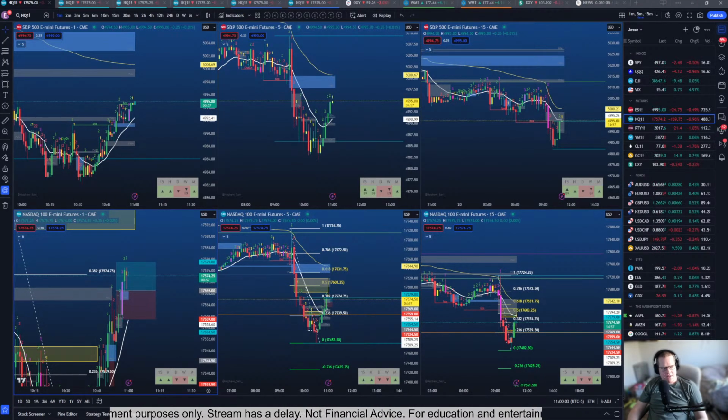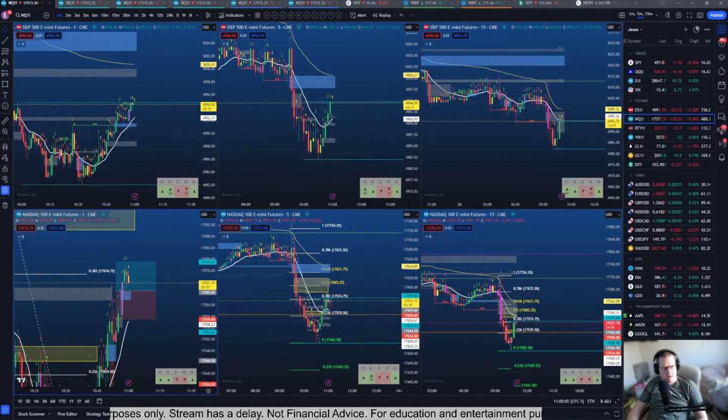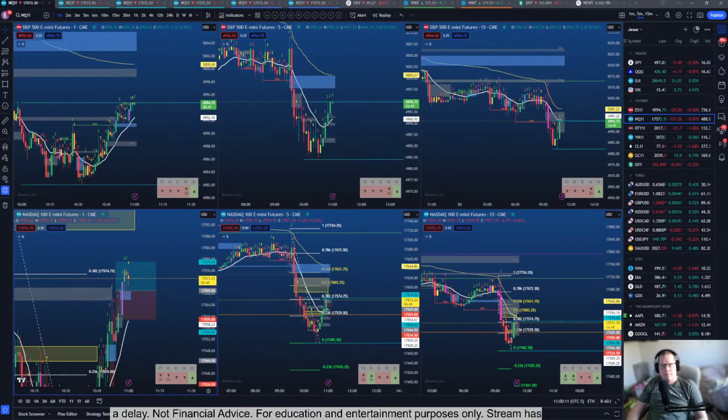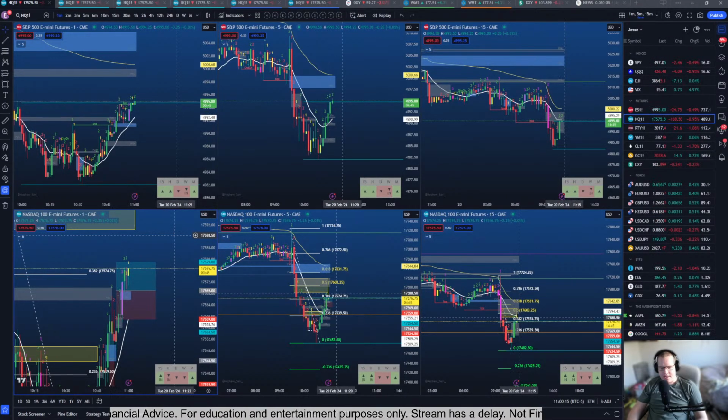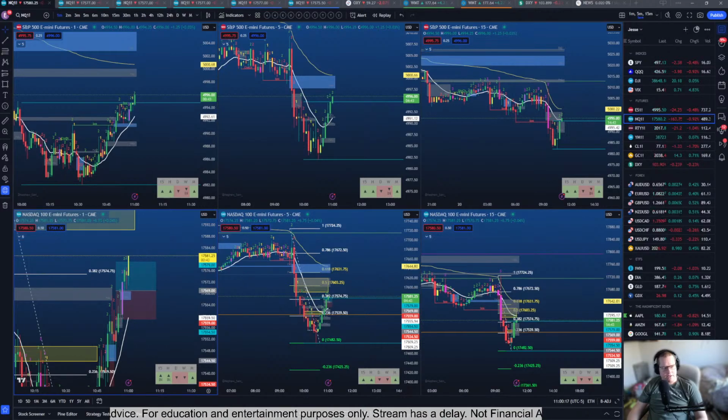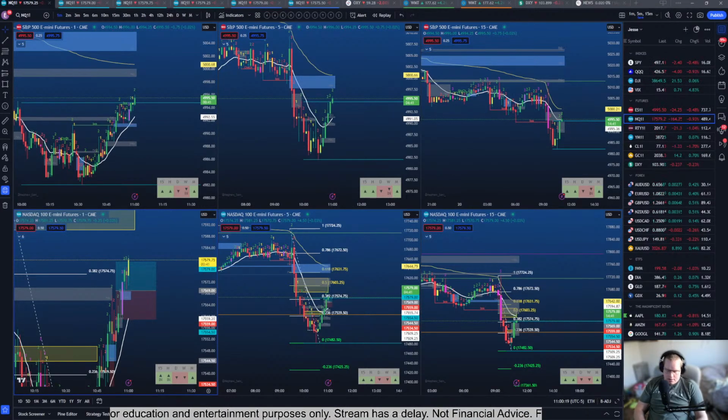I'll capture the momentum if it goes up and then get stopped out at break even on the rest. 79 is the fill. And it just got filled.